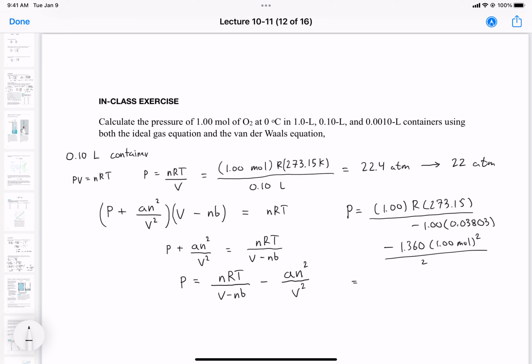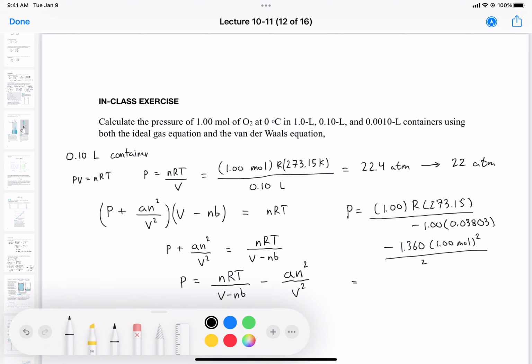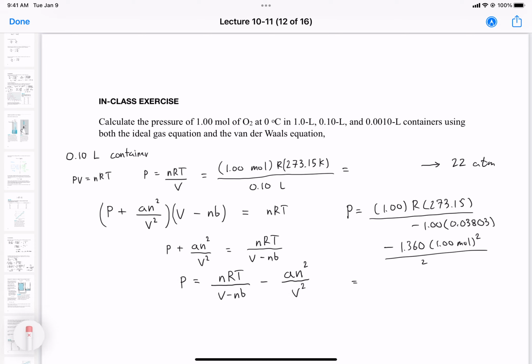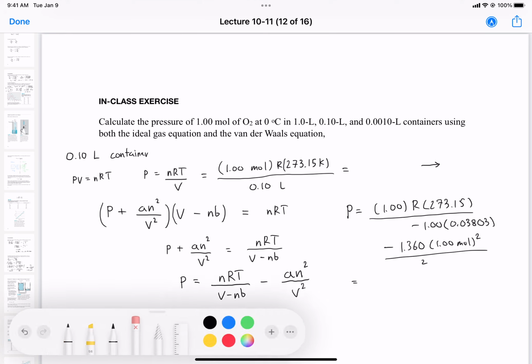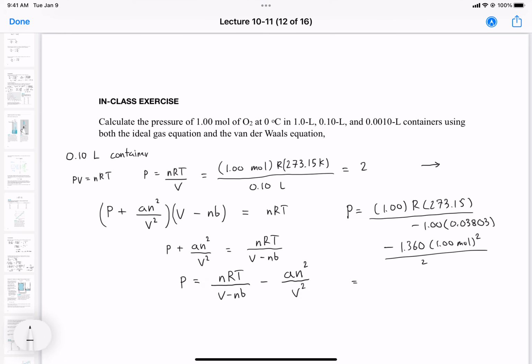So it's going to increase by a factor of 10 or 224.15 ATM.